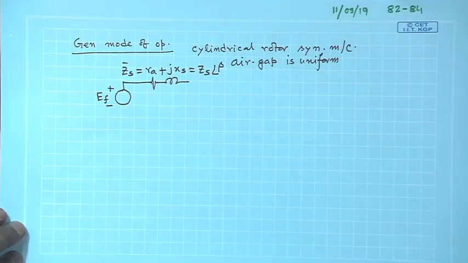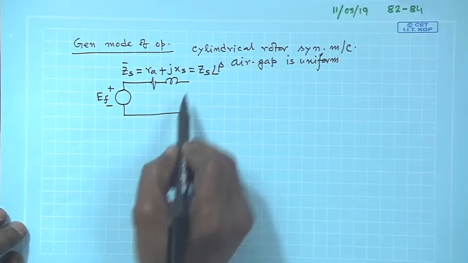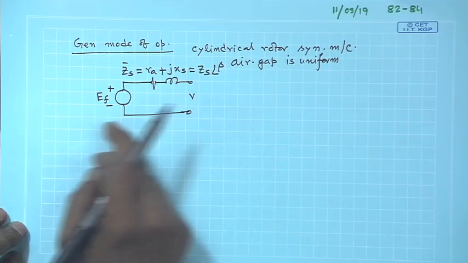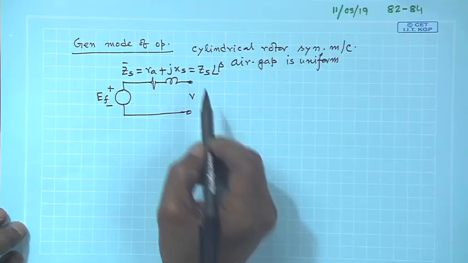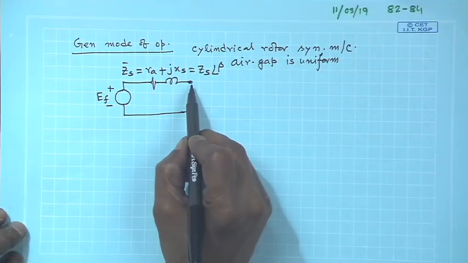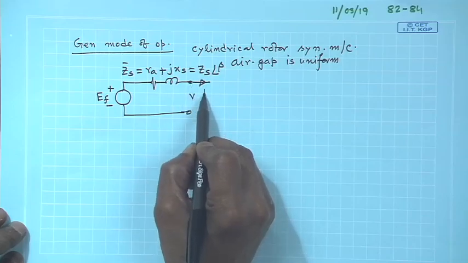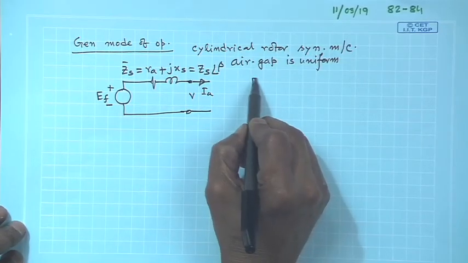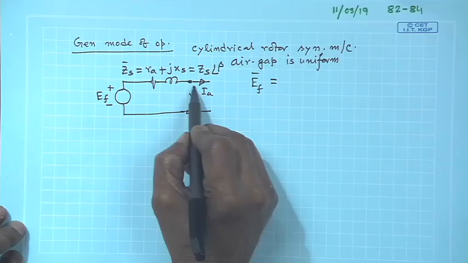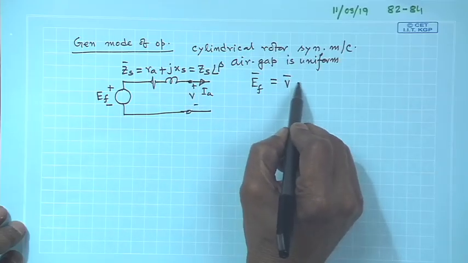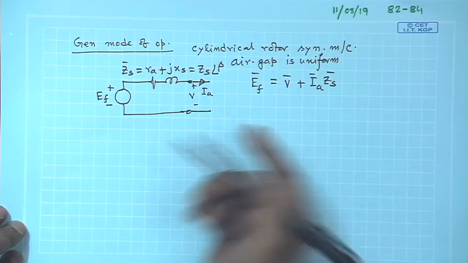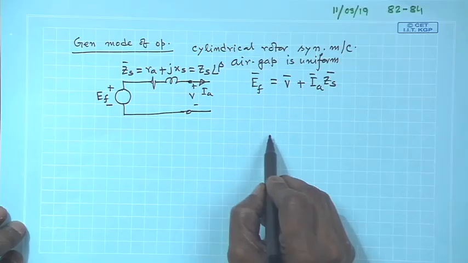Beta will be close to 90 degrees, because the value of X S is much higher than R A. All the voltages and currents here are per phase. In generator mode of operation, suppose the generator delivers a per phase current of I A, then E f will be equal to V plus I A into Z S bar.